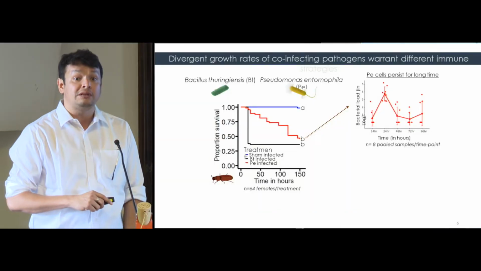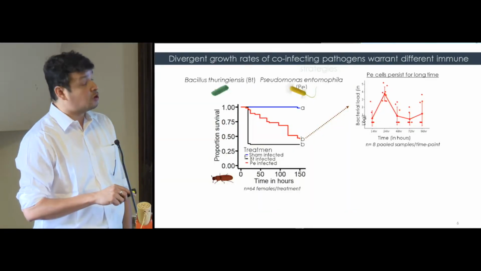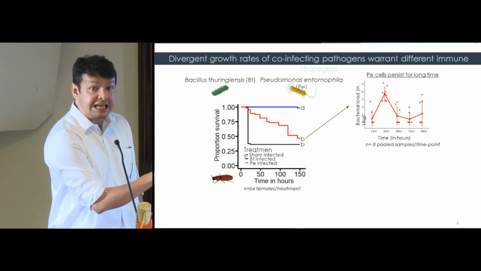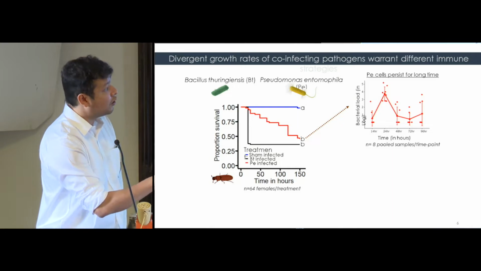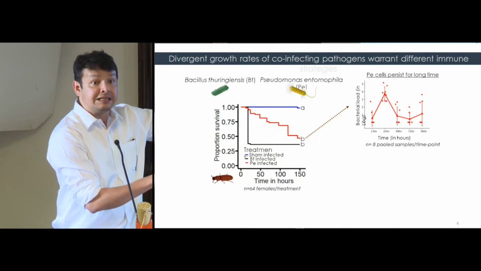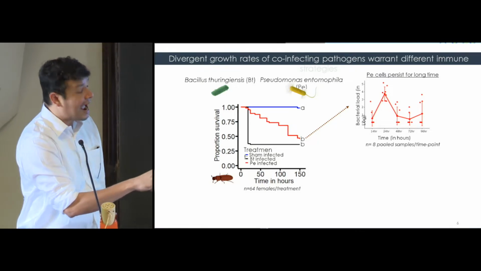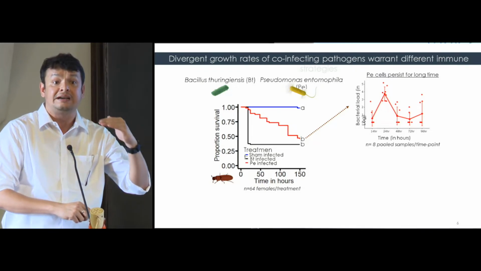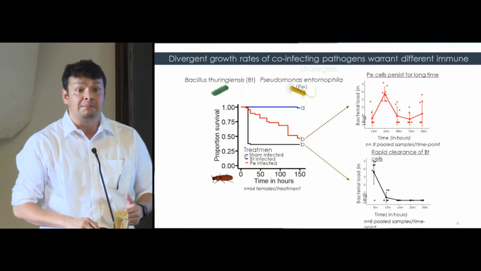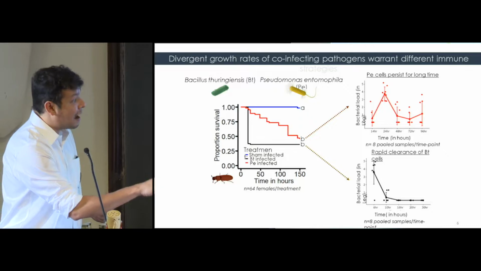Okay, and if you look at the bacterial growth dynamics of these two pathogens, for Pseudomonas entomophila, which I'm calling PE for the rest of my talk, within 24 hours there's a sharp rise in bacterial load, but then it falls and remains in the host. It's like creating a persistent infection in the host. However, Bacillus thuringiensis shows rapid clearance.